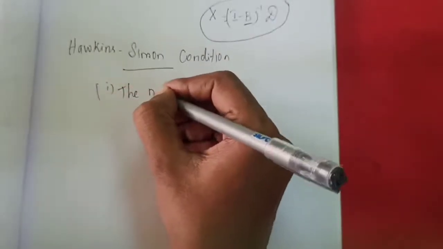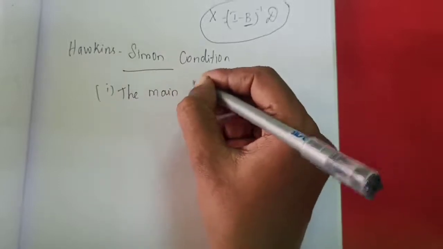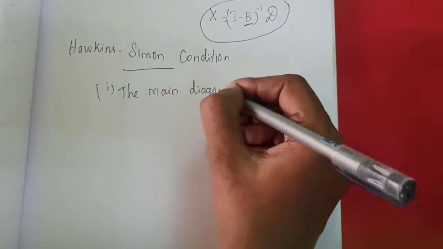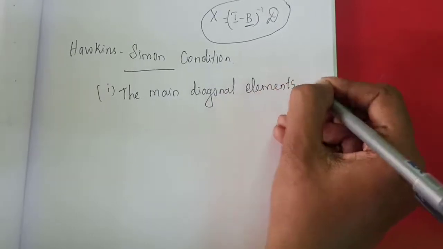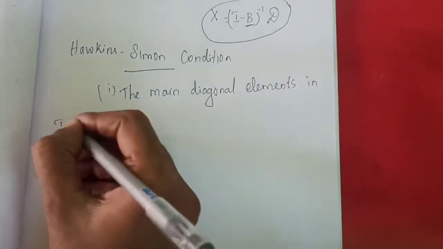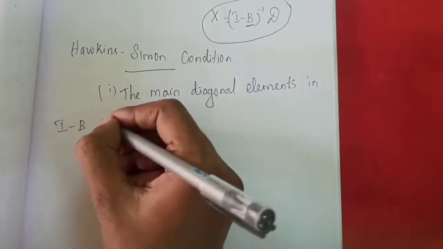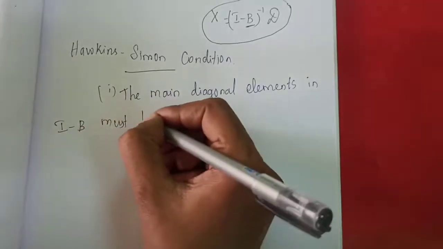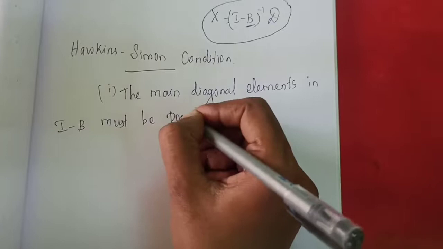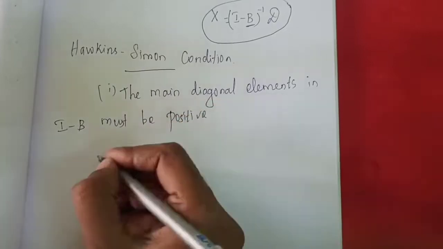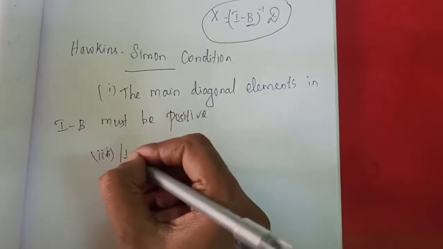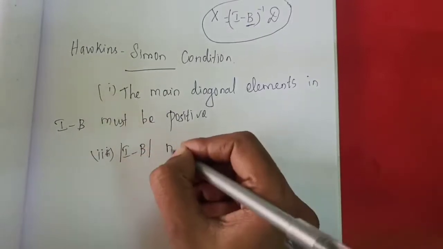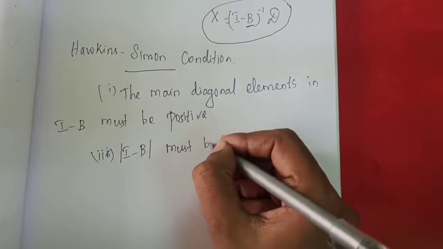The first condition is that the main diagonal elements in I minus B must be positive. The second condition is that the determinant of I minus B must be positive.